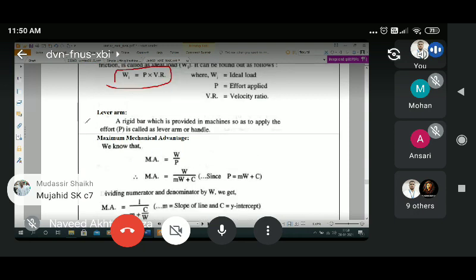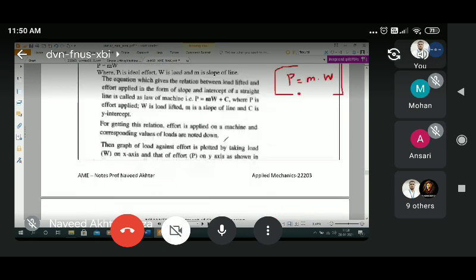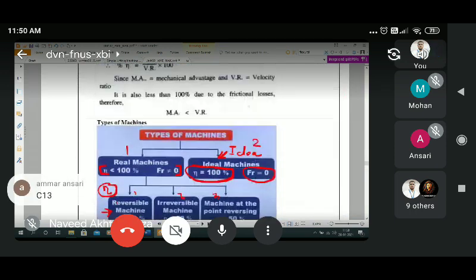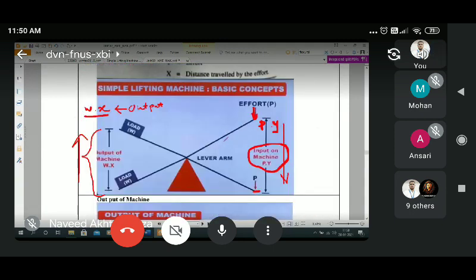Now, what is the lever arm? A rigid bar which is provided in a machine so as to apply the effort is called the lever arm or handle. जैसे कि हम लोग ने ऊपर भी बहुत सी फिगर में देखा कि लीवर आर्म क्या है। In this figure with the wedge in a simple lifting machine, you can see the effort and displacement we have seen.